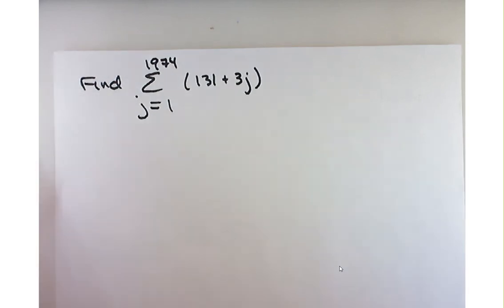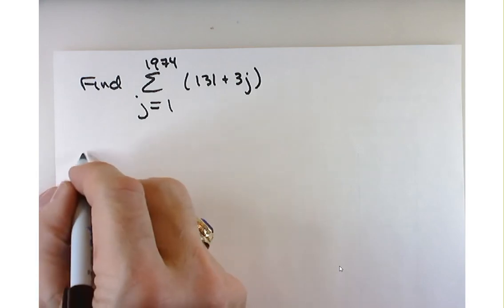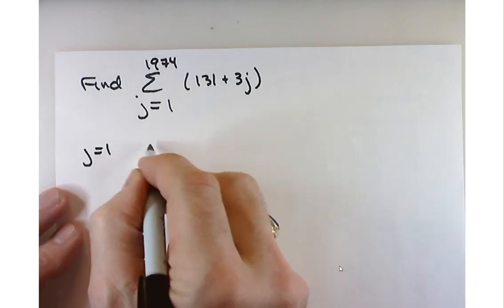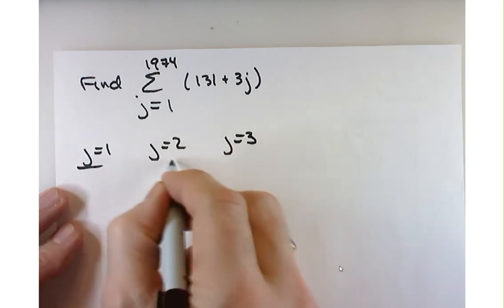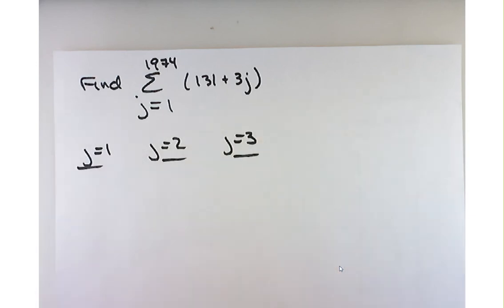So you've got 2 different formulas you can use. But probably the first thing you should do is write out the first few terms: j equals 1, j equals 2, j equals 3. And just make sure that this is an arithmetic sequence. Rebecca, what's the number on that? 1974. Thank you.